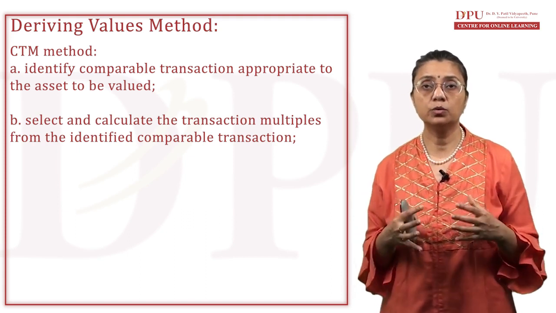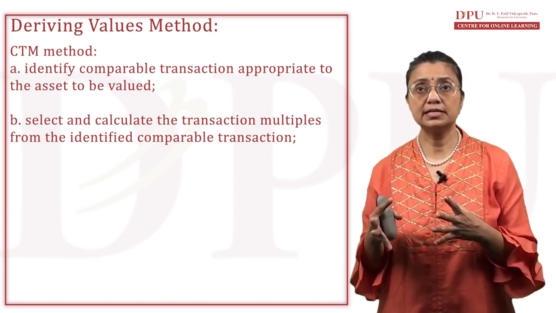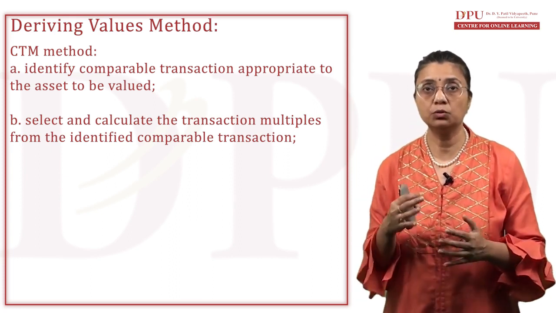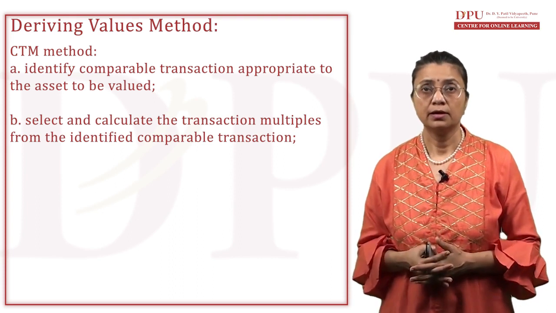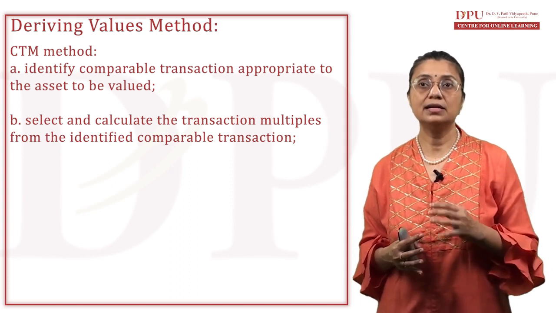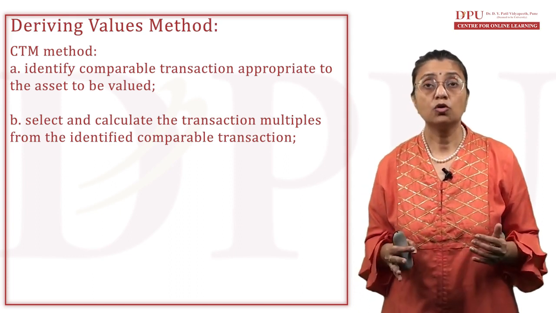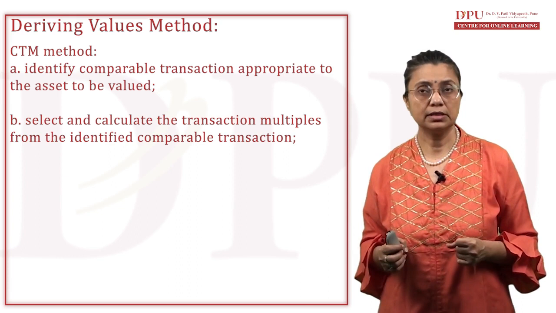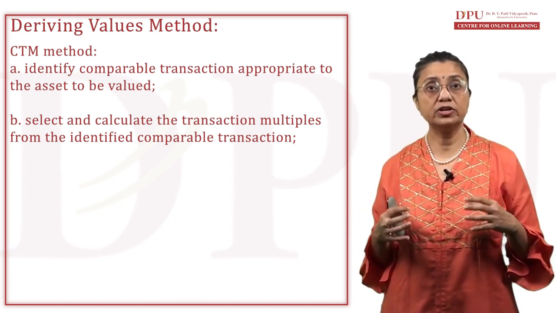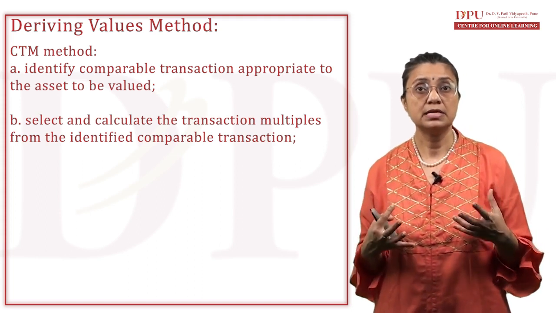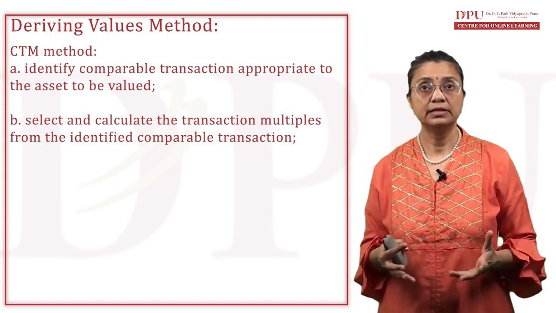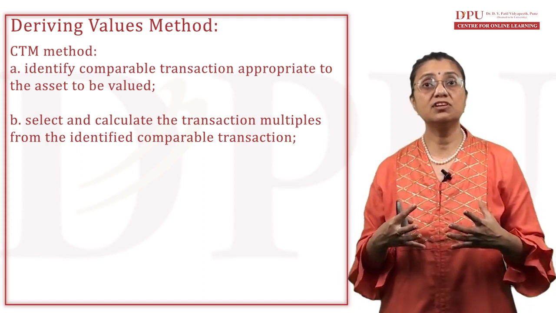For the particular asset that we want to value, we do a comparable transaction. We select and calculate the transaction multiples from the identified comparable transactions, and then we try to identify the comparable transaction. So this is a deriving values method.